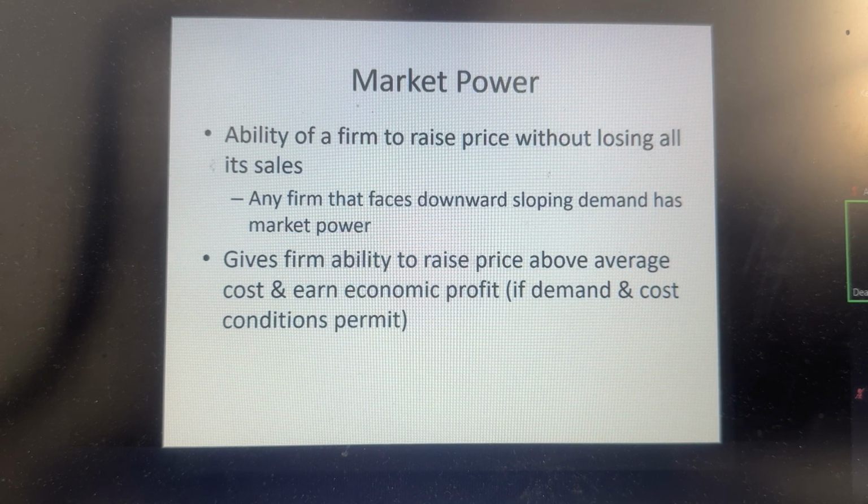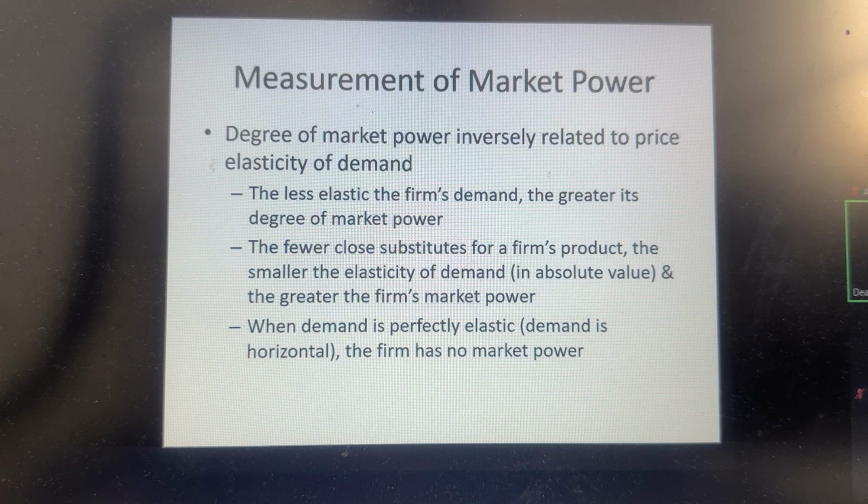Any firm that faces a downward sloping demand curve has market power. It gives the firm the ability to raise the price above average cost and earn economic profit because of the market power.